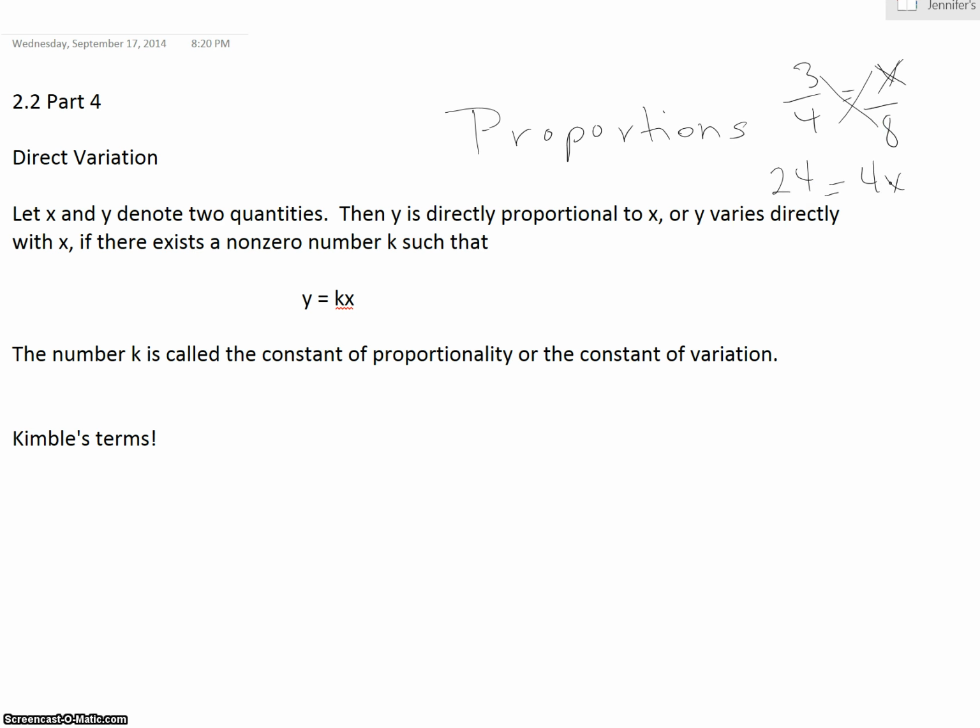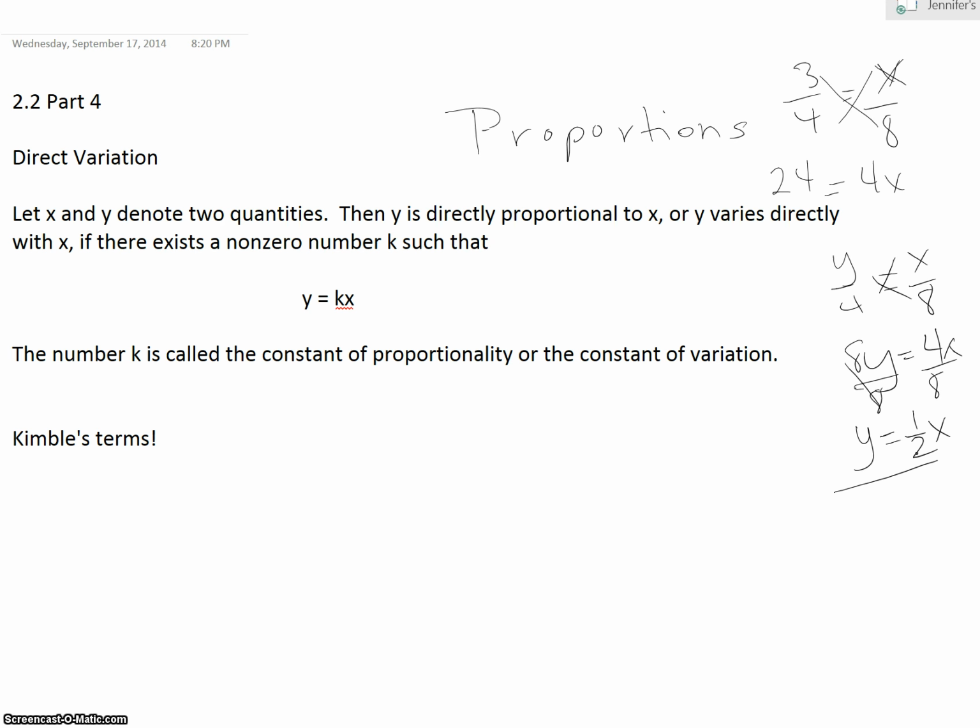So if you didn't know what one of these other variables were, it would be a y. So if it was y over 4 equals x over 8, and you cross multiplied, that would give you 8y equals 4x. If you divided by 8 on both sides, that would give you y equals 1/2 x, which is slope-intercept form. The y-intercept is 0.